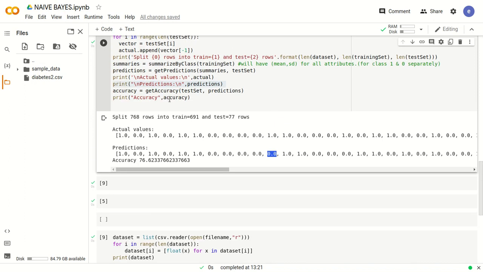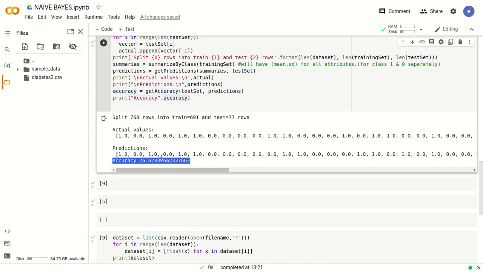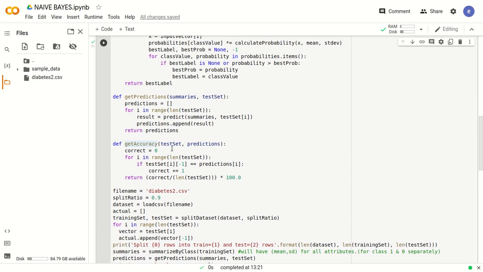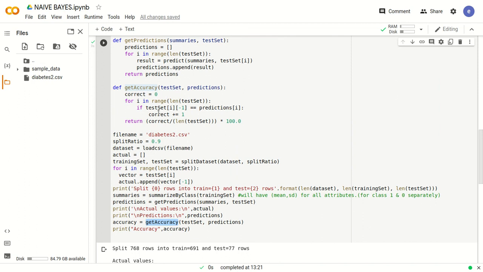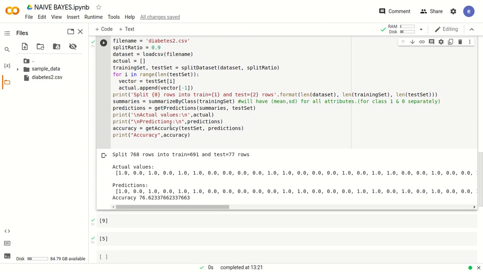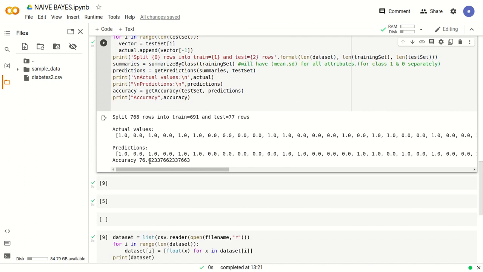And so accuracy is not 100%, it is 76.623%. This accuracy is calculated by this function called get accuracy, which we understood a little while back. It is a simple computation which initializes correct to 0, and for every correct prediction, it increments the value of correct, and it returns the accuracy value. So that accuracy is returned here.